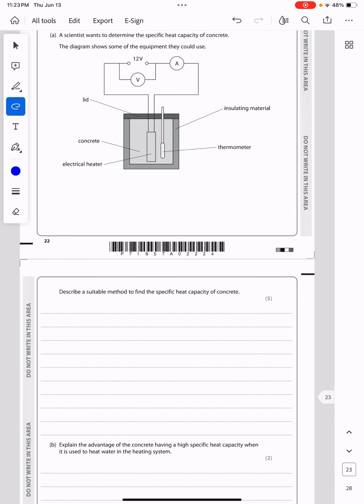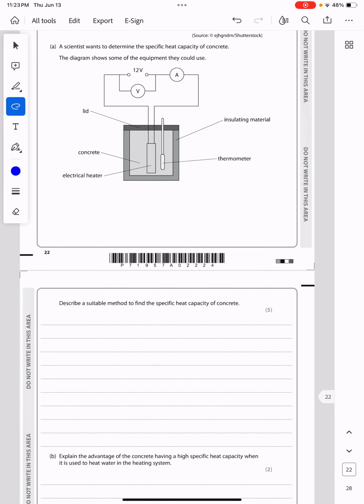Okay? Now, this part here, all of this is for the electrical heat, to provide the water inside this water bath with energy in order to be heated.